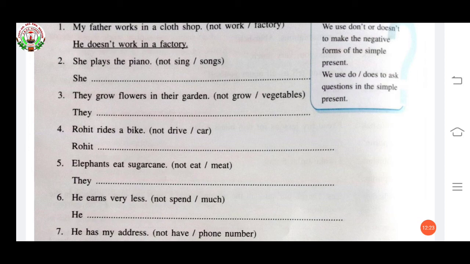Now eighth one, I wake up early on weekdays, Sundays. I don't wake up early on Sundays. Again I am repeating, I don't wake up early on Sunday. Here you can see, with I we are using don't. With they we are using don't. Okay. And with he, she we are using doesn't.